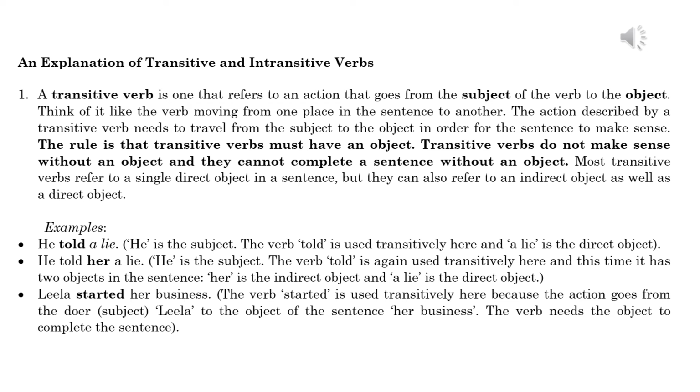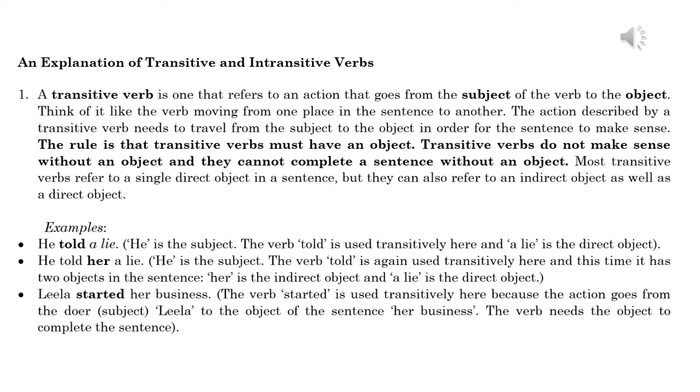Most transitive verbs refer to a single direct object in a sentence, but they can also refer to an indirect object as well as a direct object. Examples. He told a lie. He is the subject.